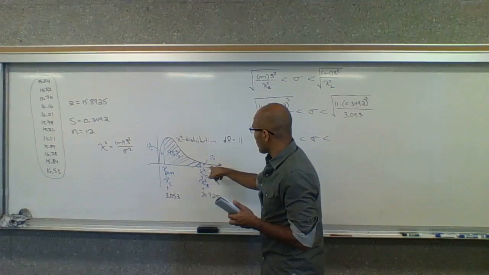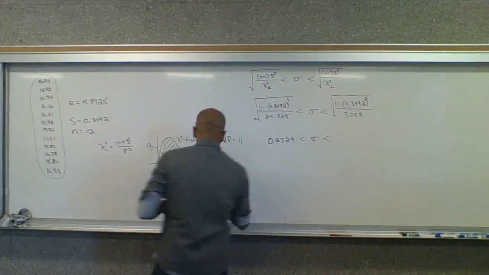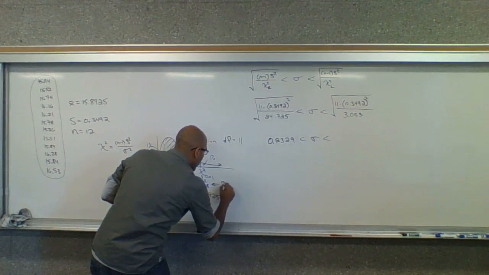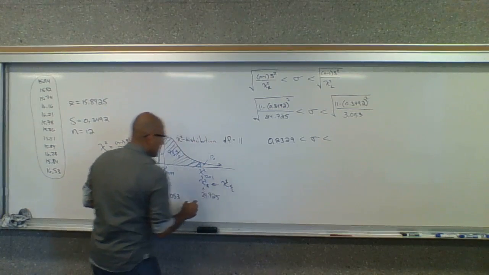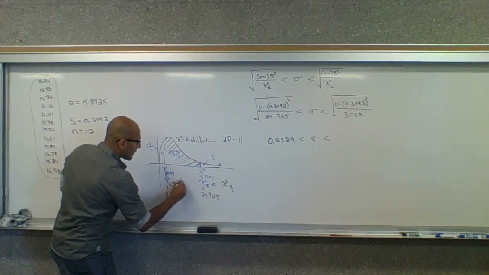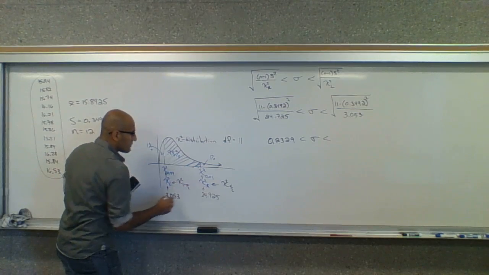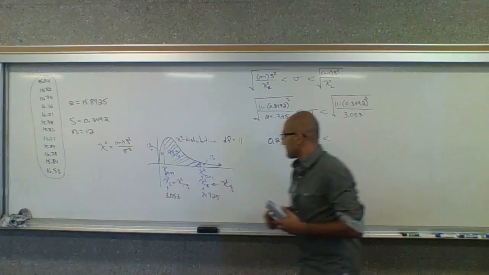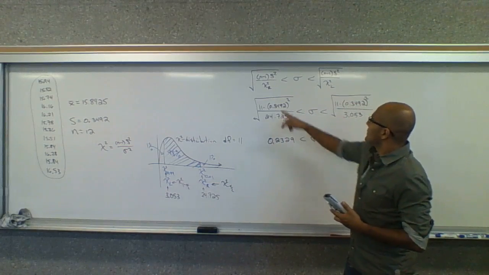This is the same thing as chi squared alpha over 2, the right one. And over here, this one will say chi squared 1 minus alpha over 2.